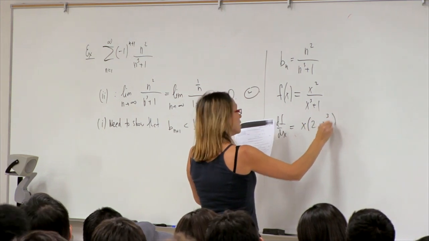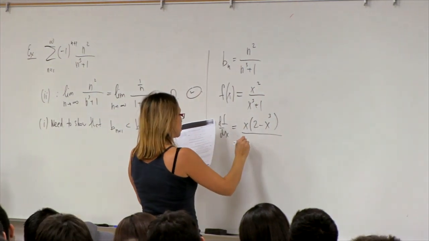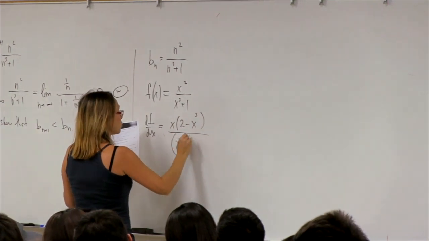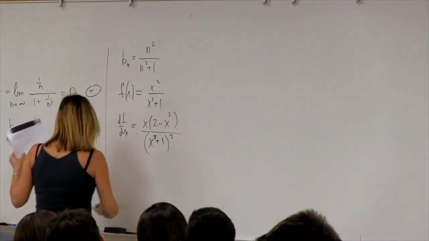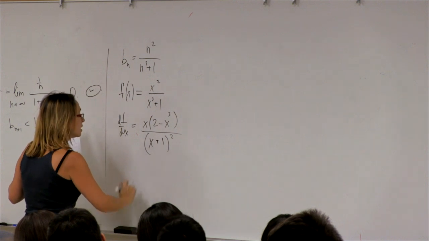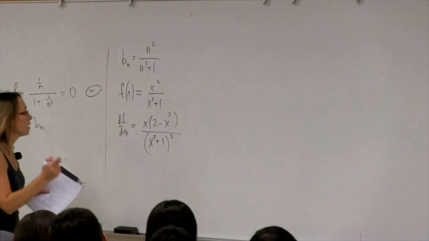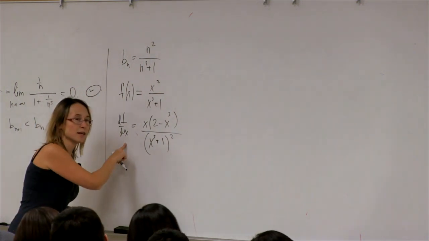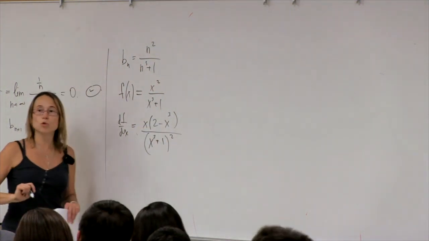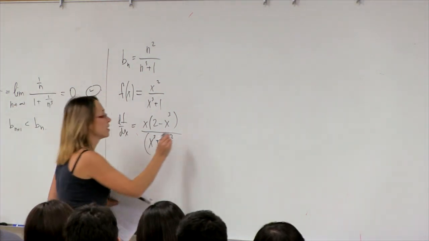This is the result of the differentiation, over x cubed plus 1 squared. In order to calculate it, we have to differentiate a fraction. So we have this thing in the denominator. For the function f to decay, this numerator has to be negative.